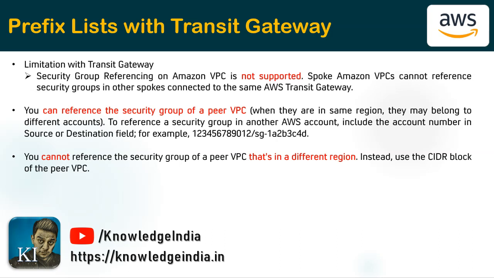And that is a big constraint, because certain organizations who are currently using VPC peering like this thing, that they are able to refer to the security groups in the other VPCs. That's a really good thing, because that way they need not worry about the increasing or decreasing number of tooling machines, right? Because they are referencing the security group.